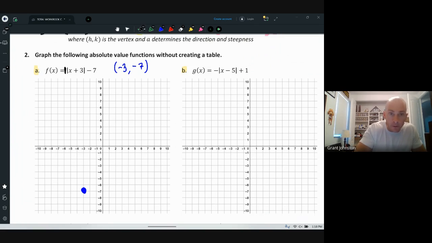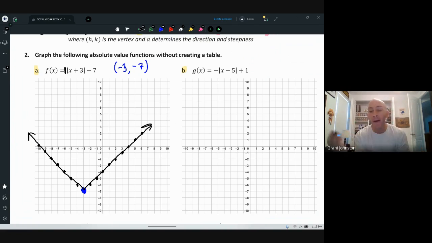There's no coefficient right in front, so it's just 1. So it's up 1 over 1. But it's a V, right? So it's still going to go this way in both directions, showing that steepness from that point. And it should open up because it's a positive slope, +1, +1.